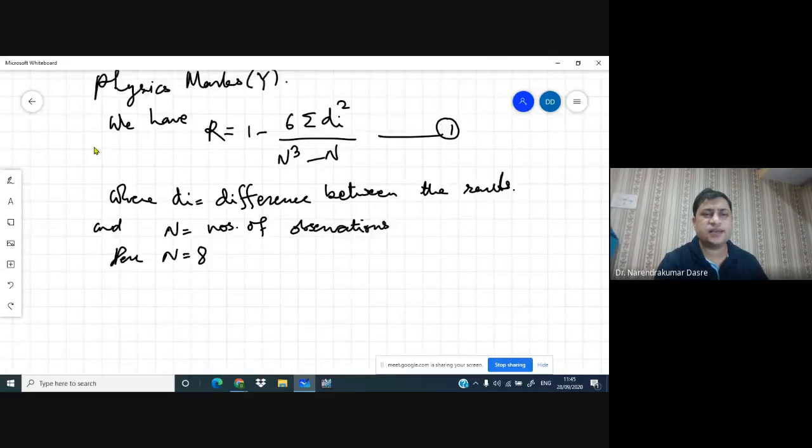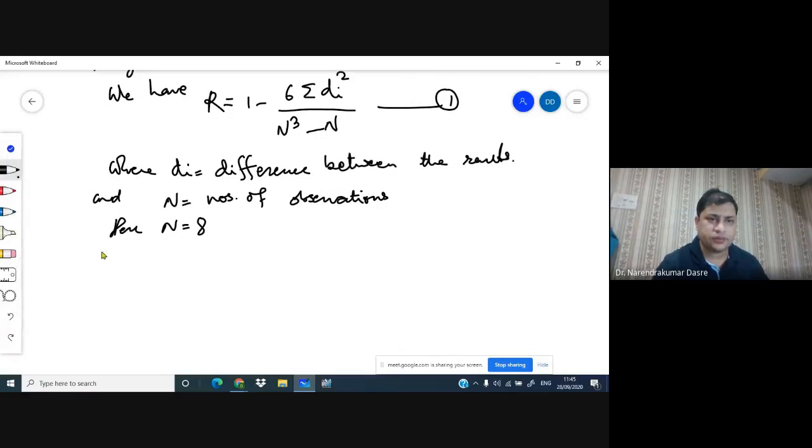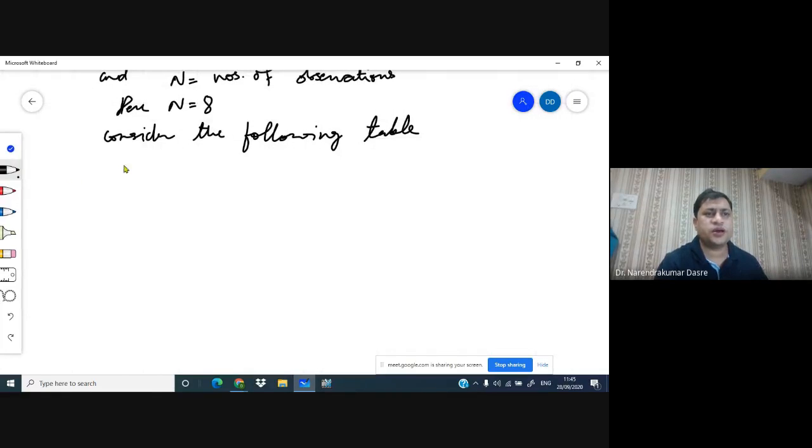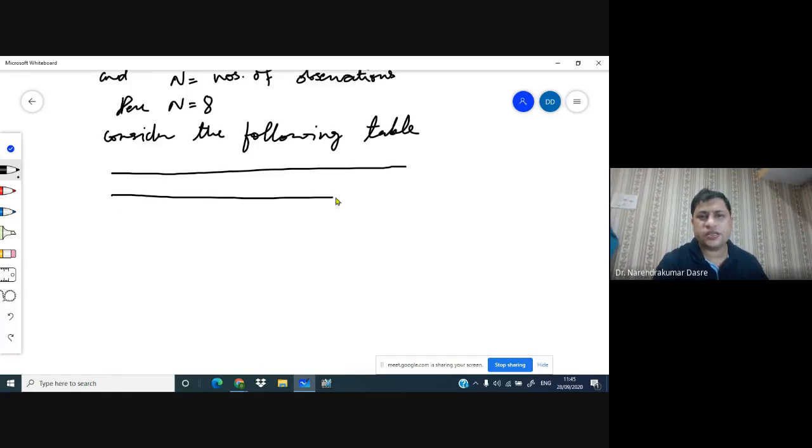Now let us calculate the table. Okay, so what we have here, consider the following table. So what we want in this table, see, we are given with the x observations, we are given with the y observations.